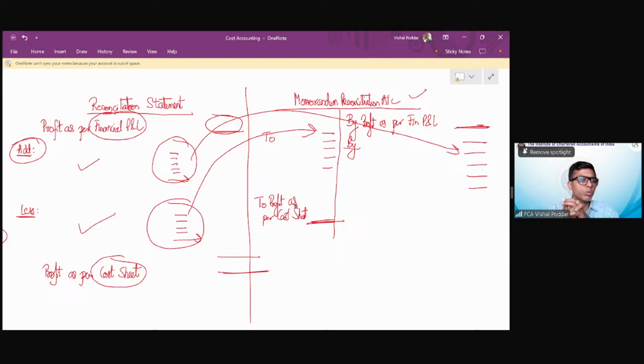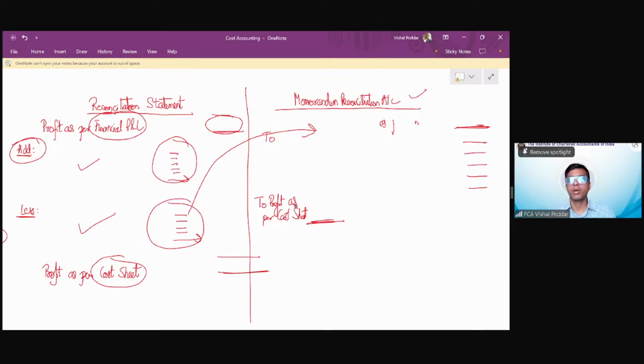So let me take you to one example, the example from the exam itself. And with that example, we will understand these things. Also, I'll be solving this by the reconciliation account format so that this new format will also be clear to you all conceptually. Fine.